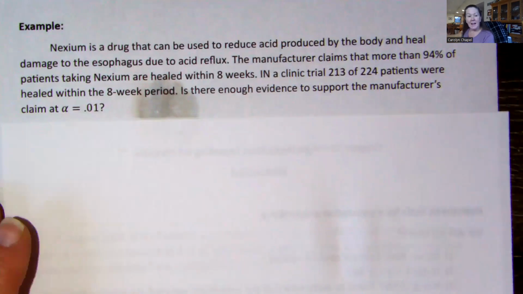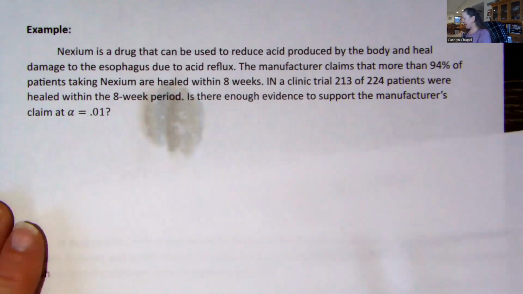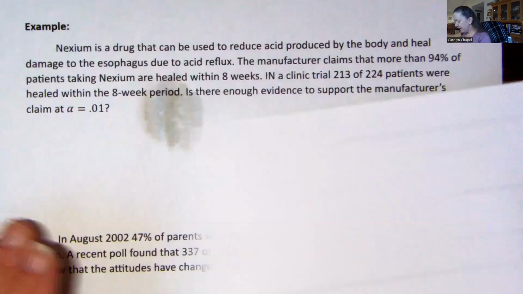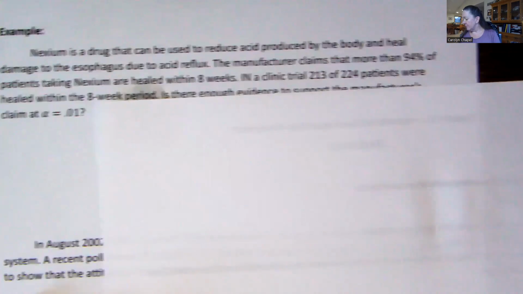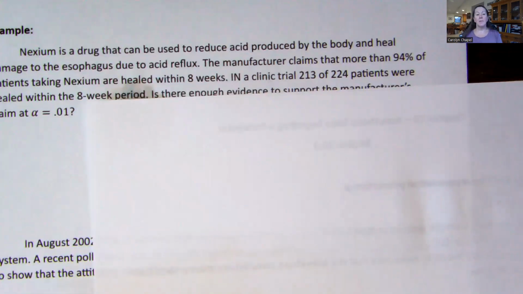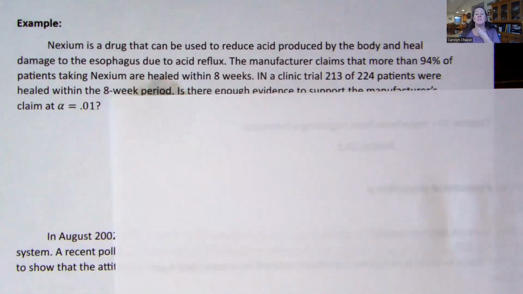I will be using some StatCrunch to help us a little bit. So Nexium is a drug that can be used to reduce acid produced by the stomach and heal damage to the esophagus due to acid reflux.